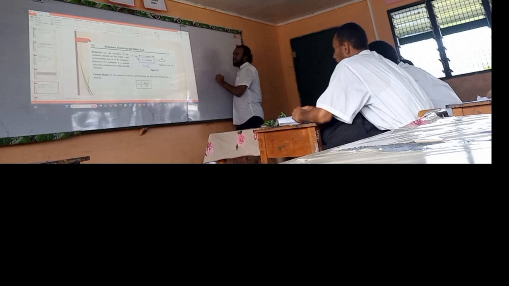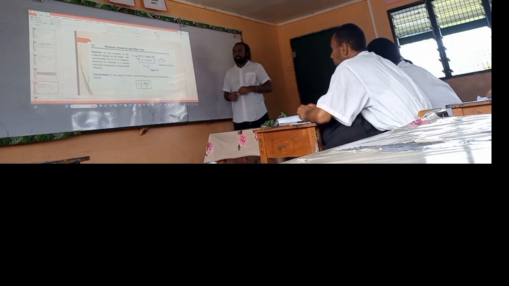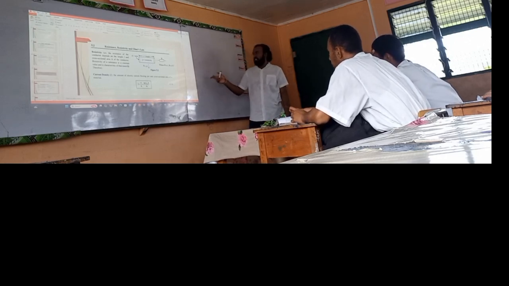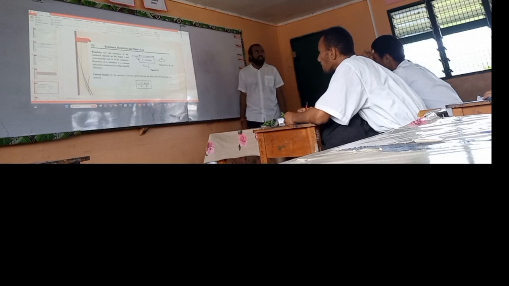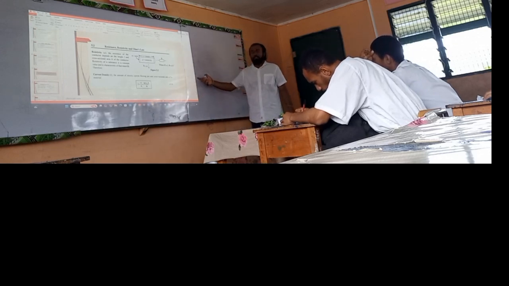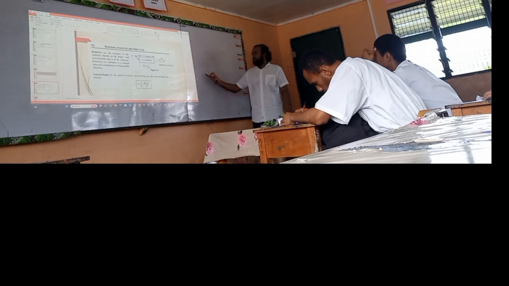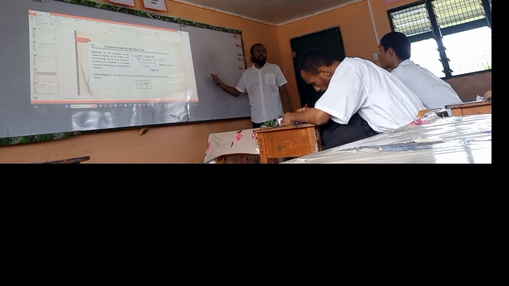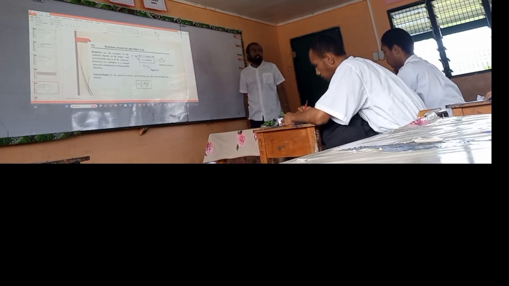So that's your J. If the question asks you to find the current density, use this formula. Just don't write the area.